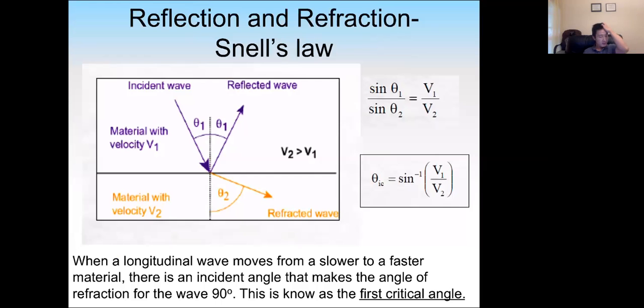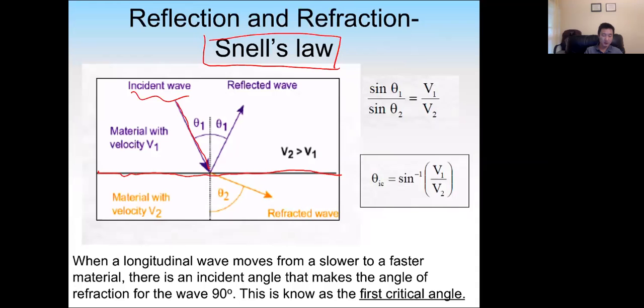Some of the wave is based on reflection or refraction. We need to talk about the famous Snell's law. Let's say we have an angle. We call that the incident wave. This is the wave, and this is the interface between two materials.